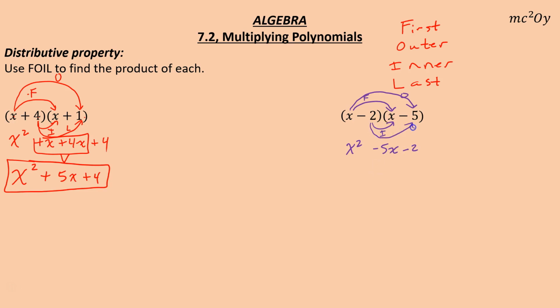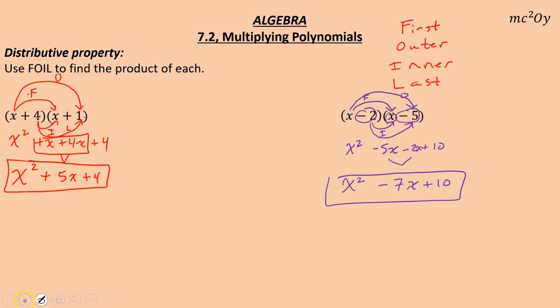And there's my last, positive 10. Now notice, negative 2 times x is negative 2x. Negative 2 times negative 5 is positive 10. Now when I put it together, I get x squared, those two together, that should be an x right there, is negative 7x, and plus 10. That is FOIL. All right.